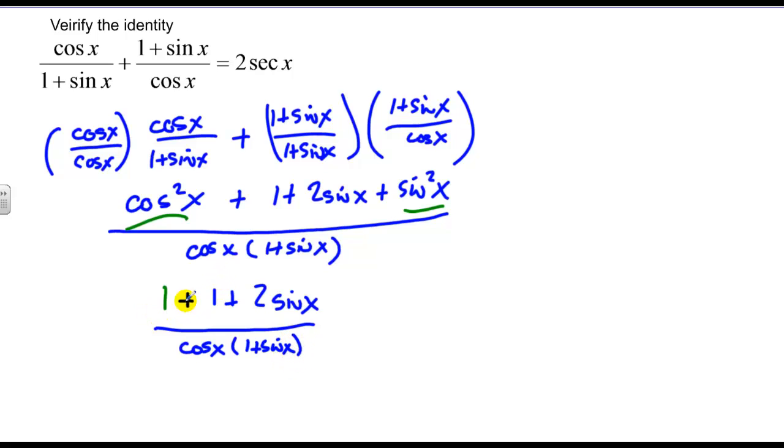Combine like terms. I have 2 plus 2 sine of x over cosine of x times 1 plus sine of x.